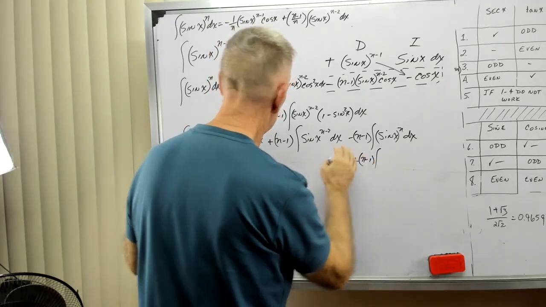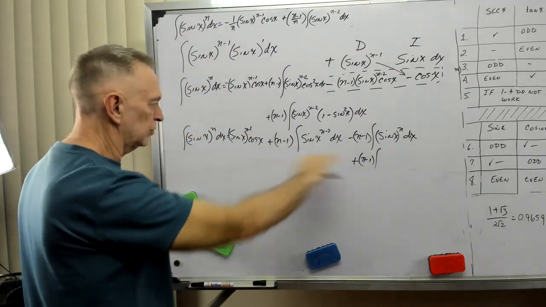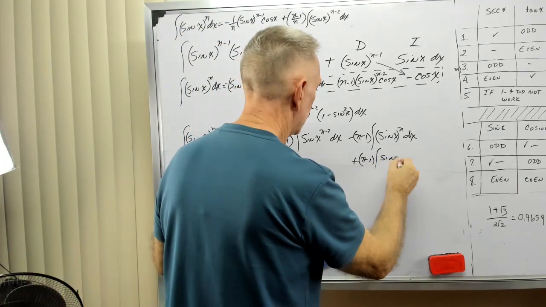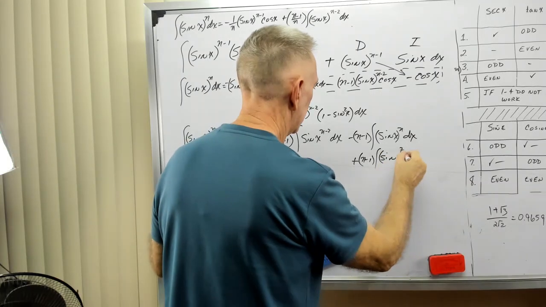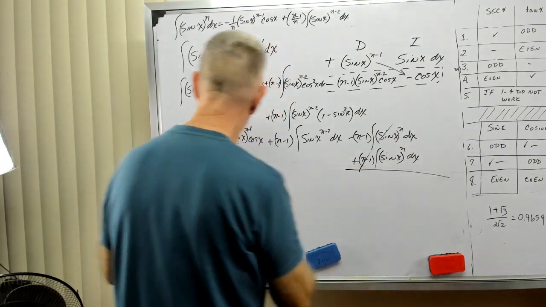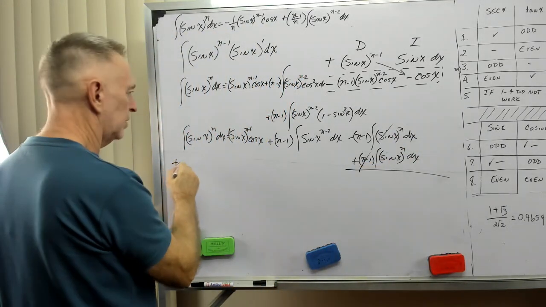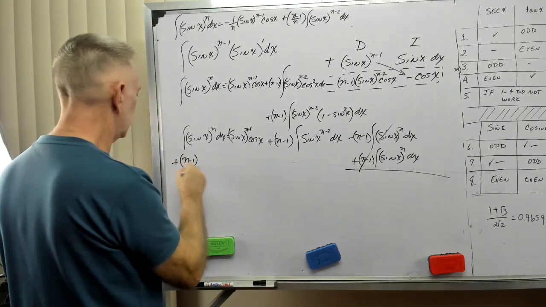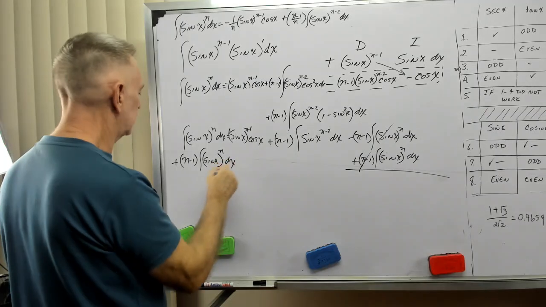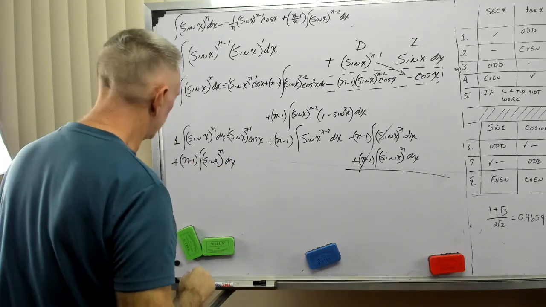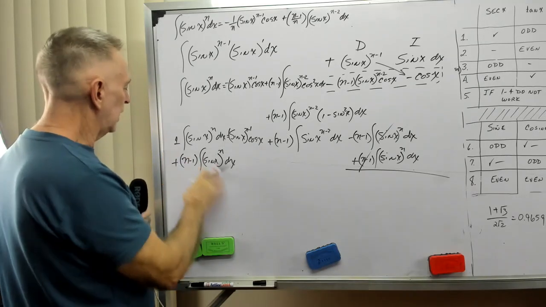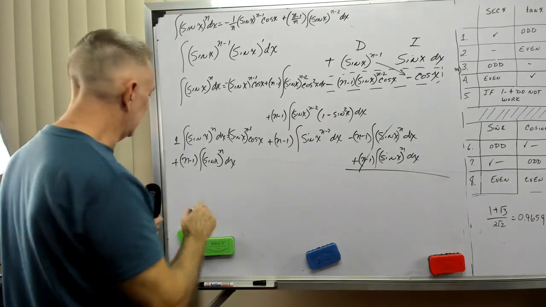Let me add one here, add one there, and we'll sum all of that up and see what we have left. So sine x to the nth power dx. If I add one here, those cancel. Let me add one here, plus n minus 1, the integral of sine x to the nth power dx. Now I have one of them here, right? So I have 1 plus n minus 1. Everything cancels except for the n.